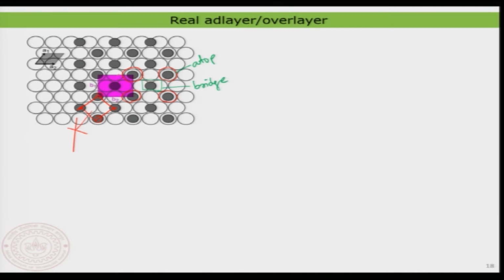The only representation we can use is this one. This is correct and this is wrong. It is all because the add atoms are not represented properly using this particular representation. Therefore, please keep in mind that when you represent a real Adlayer, the add atoms that you choose for making the primitive cell, or so called unit cell, of the Adlayer have to be always with respect to the surface.